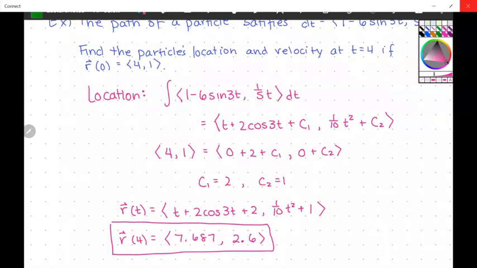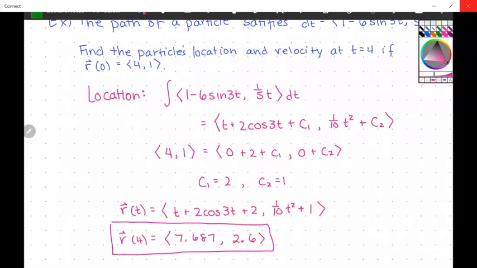How am I going to find the velocity at t equals 4? It's actually going to be a vector itself. But in general, if we had a function for position, what did we do to position to get velocity?